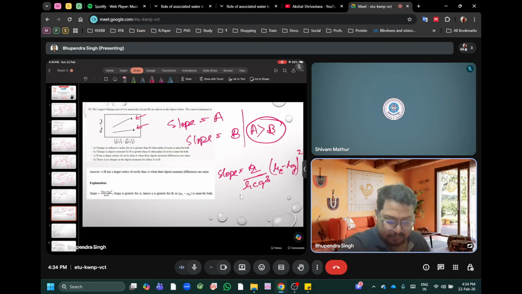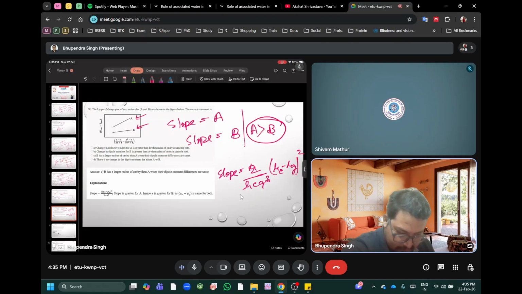Okay, so now according to this slope expression we can figure out which statement is correct. So they are asking for the correct statement.